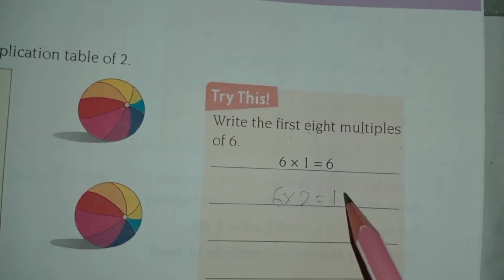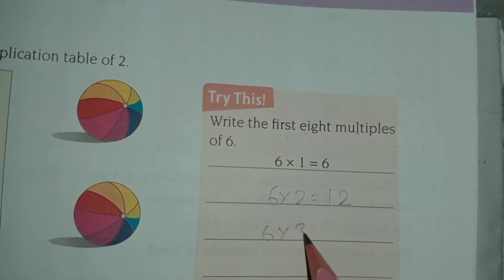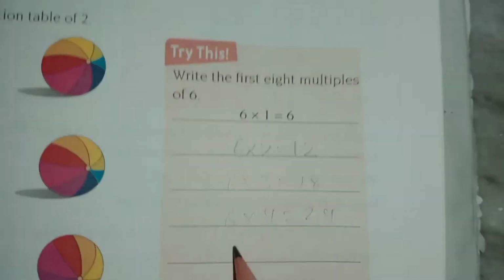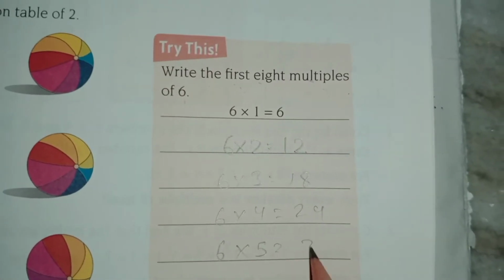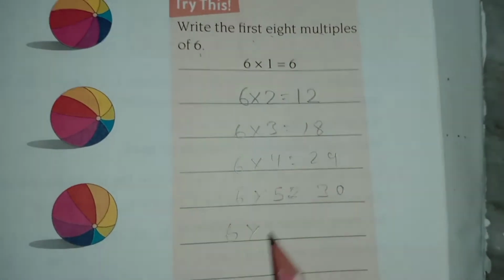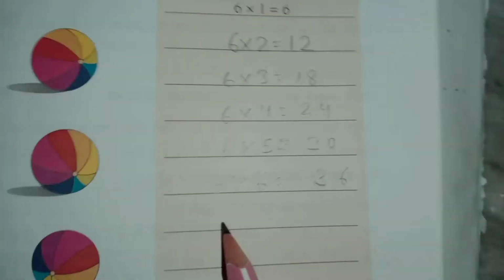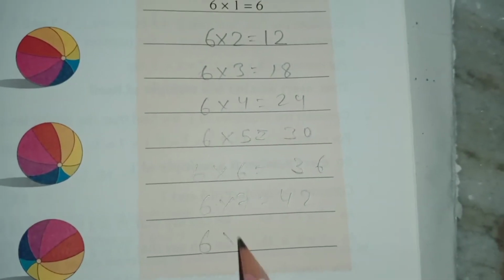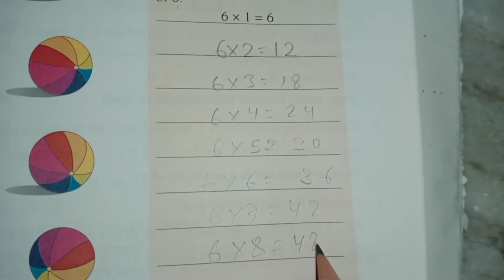6 2 ja 12. 6 3 ja 18. 6 4 ja 24. 6 5 ja 30. 6 6 ja 36. 6 7 ja 42. 6 8 ja 48.